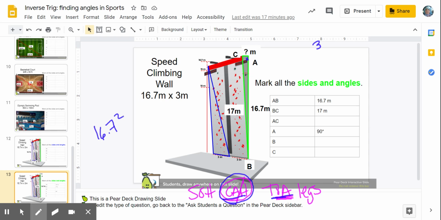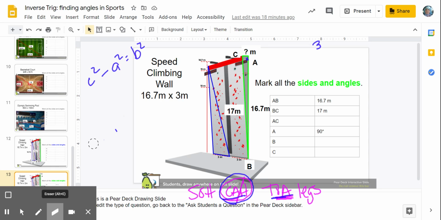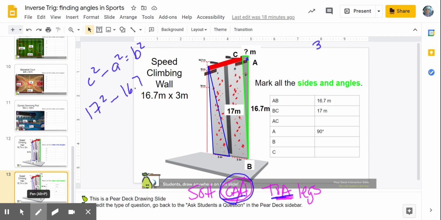So I think we want to start with the hypotenuse and we want to do C squared minus A squared equals B squared. So 17 squared minus 16.7 squared equals B squared. And it should be really tiny.